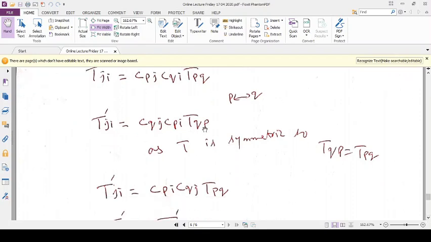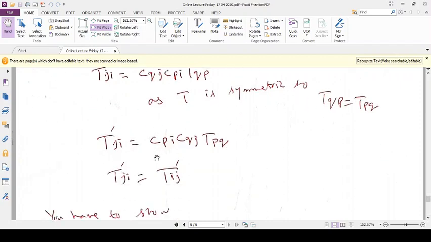So it would be Tpq, and you can write Cpi and Cqj. These are simple scalar numbers and components of your orthogonal transformation matrix Q. Here I am using letter C instead of letter Q, so you can use letter Q, it doesn't matter.